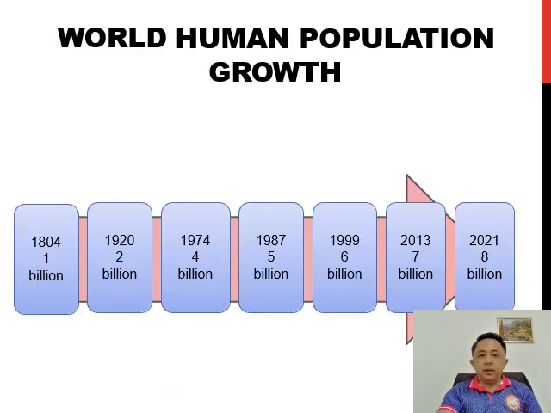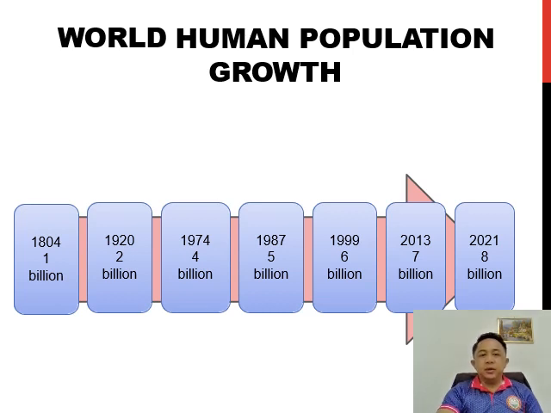If we look at this timeline on world human population growth, we can observe a constant increase in the number of humans. From 1804, from 1 billion, to 2021, it became 8 billion.